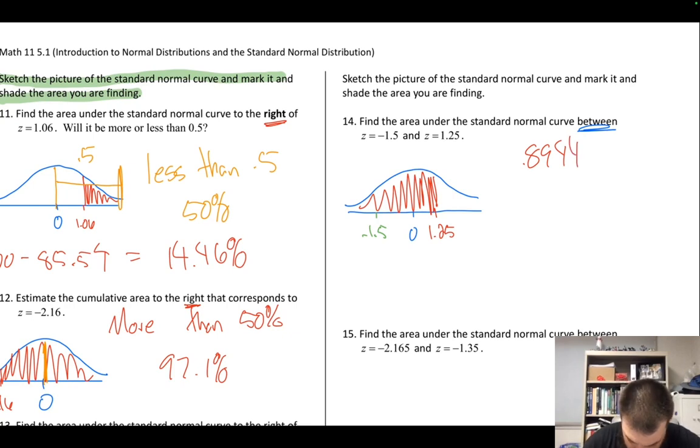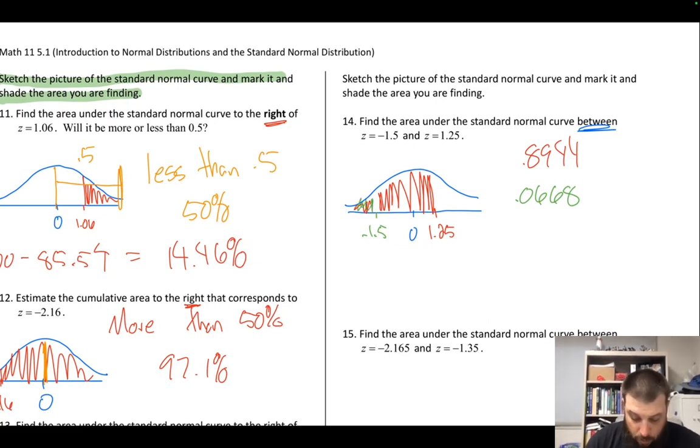And then we had our second one, which again was finding the left of this, which was 0.0668. And what we're looking for is the area in between those. So what we're really looking for is this orange area there. Well, what we have is these two areas. So I have this red, which then bleeds into where this green is.